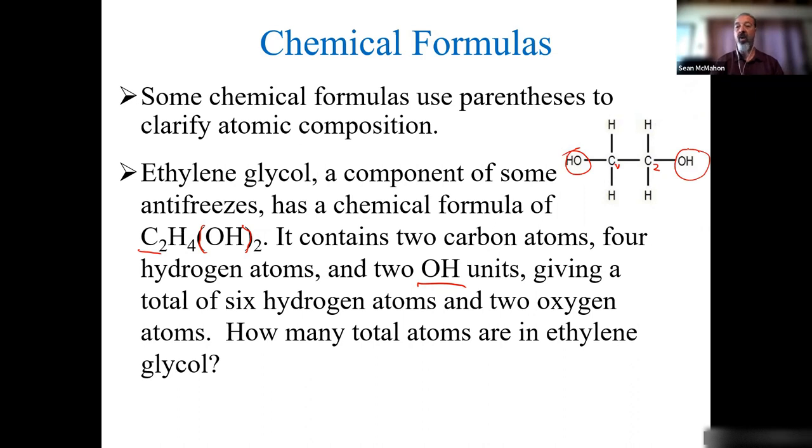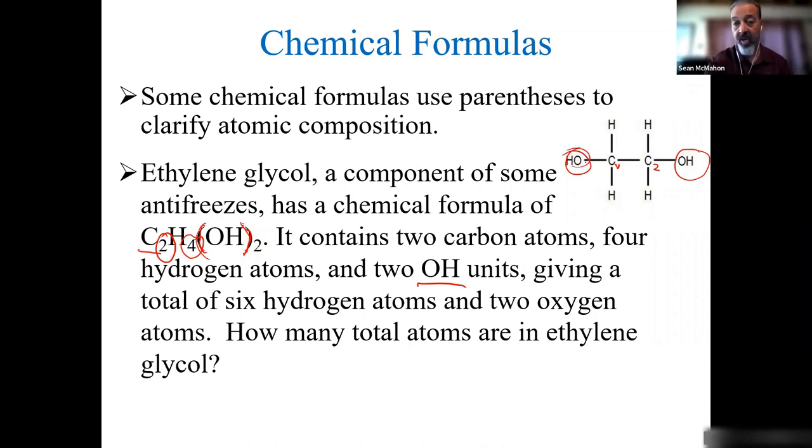So how many total atoms are there in ethylene glycol? Well, this is where it gets a little tricky, right? 2 plus 4 would be 6, but if people aren't careful, they might say plus 2 is 8, but what they're not realizing is the parentheses means there's 2 OHs, not just 2 hydrogens.